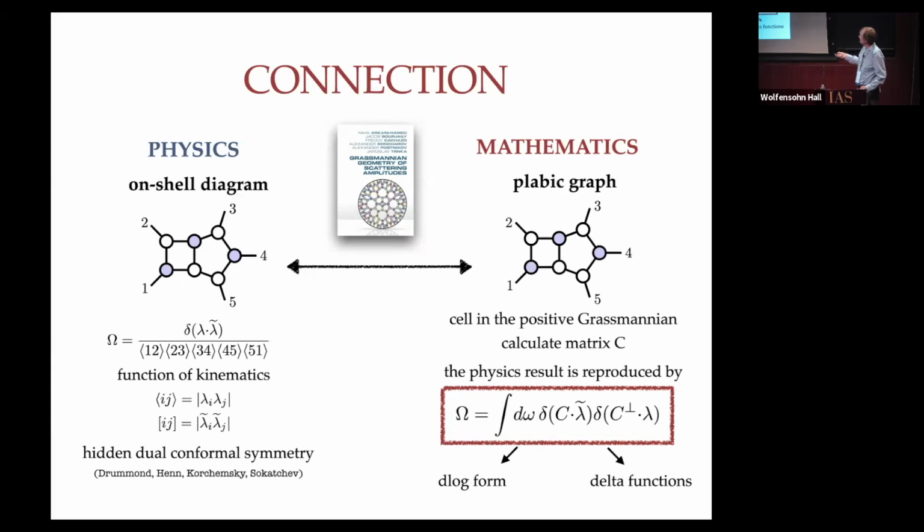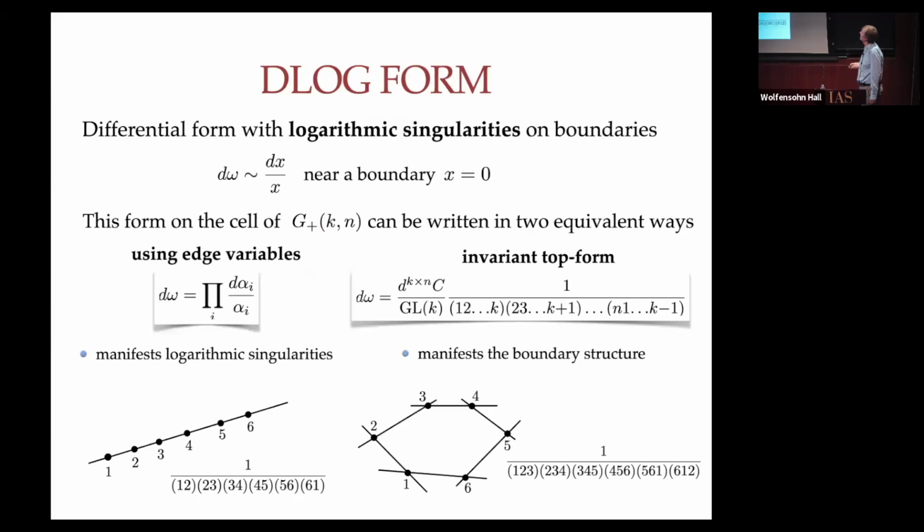But we can reproduce this function calculated here as a certain integral over a dlog form on the cell in the positive Grassmannian. So that's the main connection here. And there are certain delta functions which will relate the h variables or other variables here with these kinematical variables on the other side. So this is the content of these delta functions. But let me first talk about the dlog form, this d omega, which sits here inside.